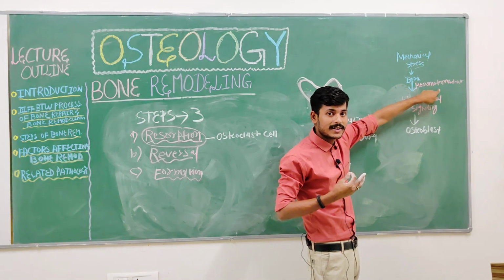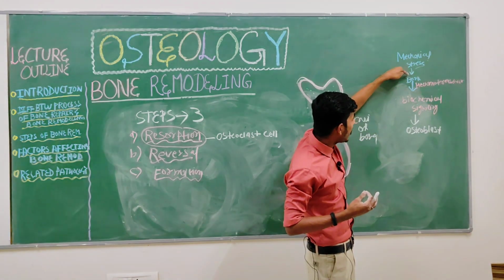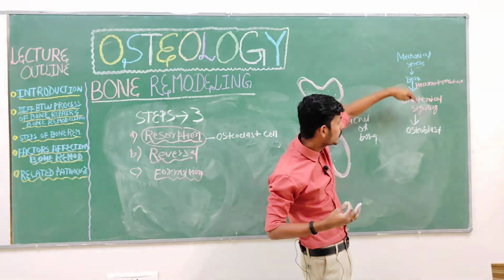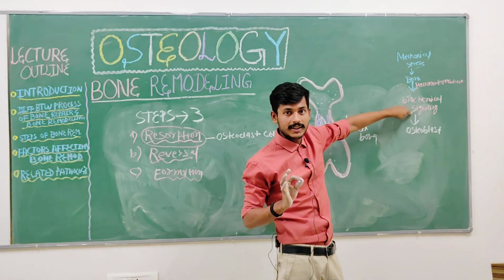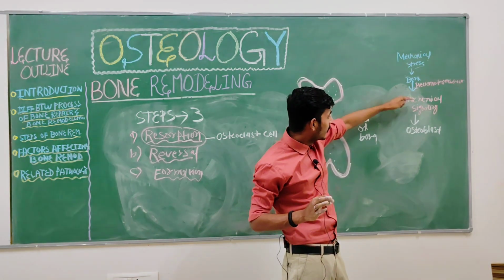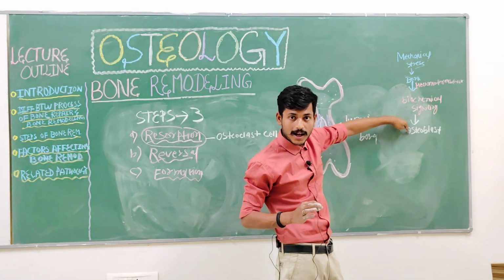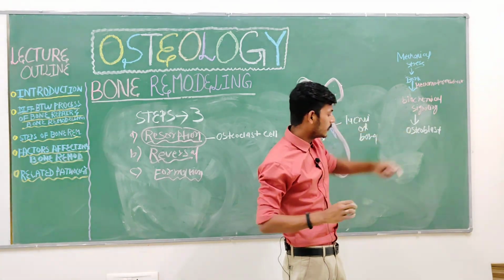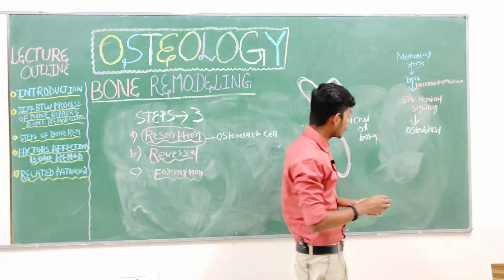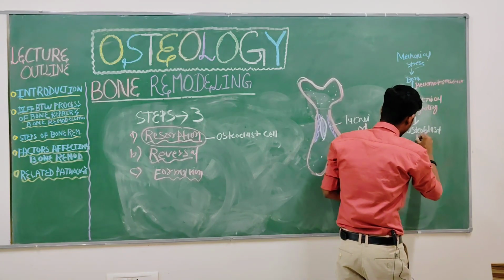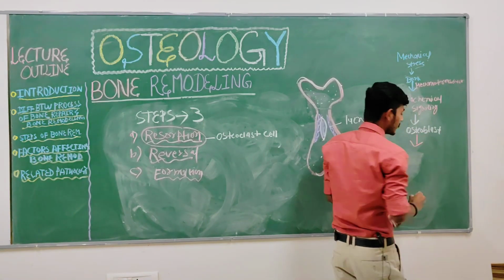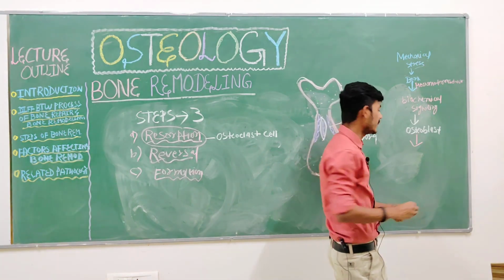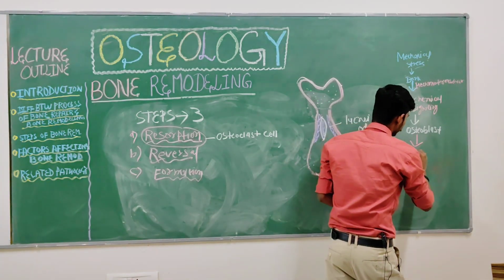Under this phenomenon, the mechanical stress is converted into biochemical signaling, and this biochemical signaling in turn activates the osteoblast. The osteoblast expresses a gene, and that gene further expresses a kind of ligand, called RANK.